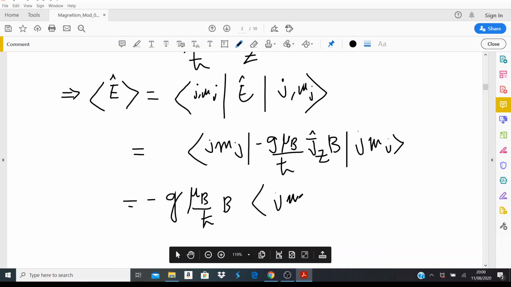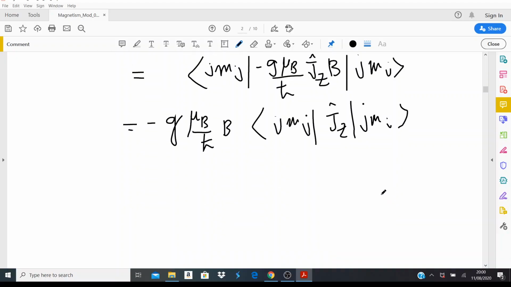Inside we have the bra J Mj, then the operator Jz, and then ket J Mj. And you know what the action of this operator on this ket vector is. So let me write it there.